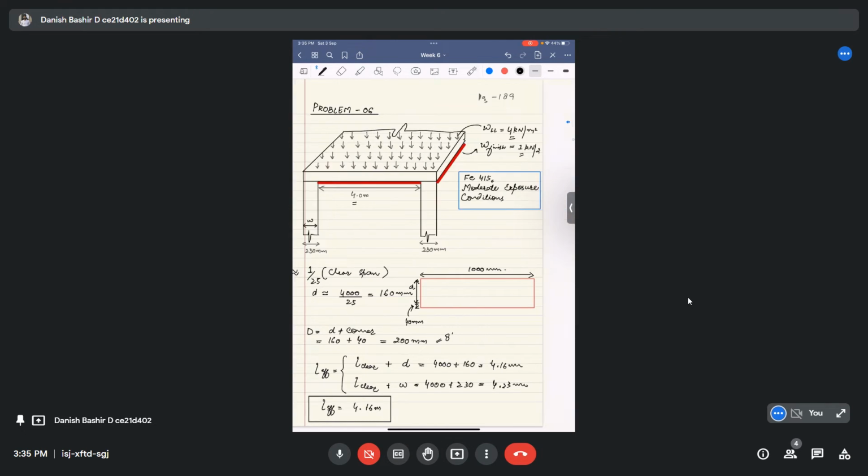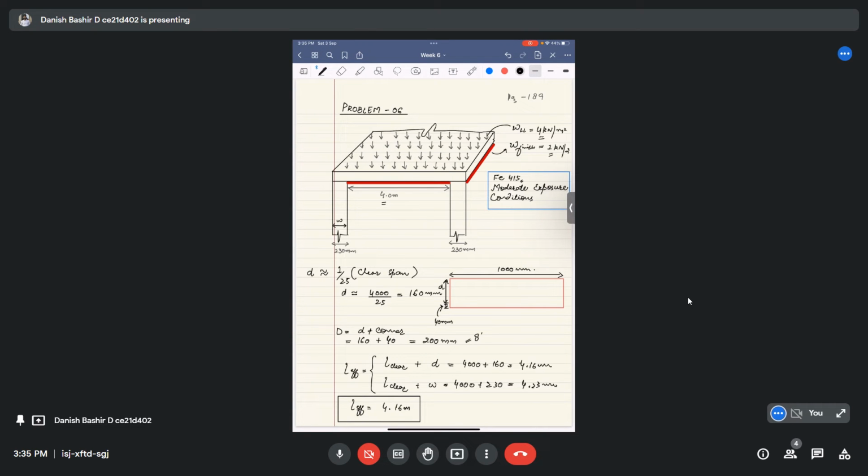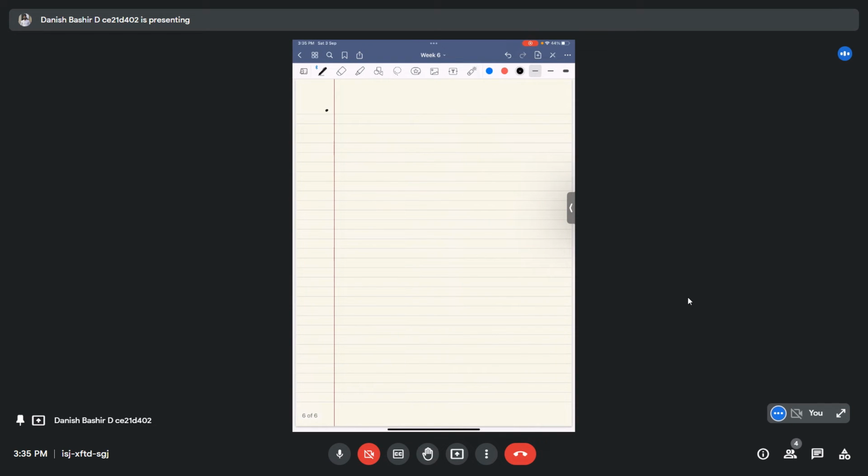So now, the span calculation is done. The second step is load calculation, the loads coming on our slab system.